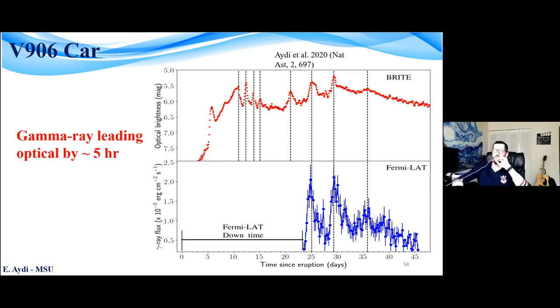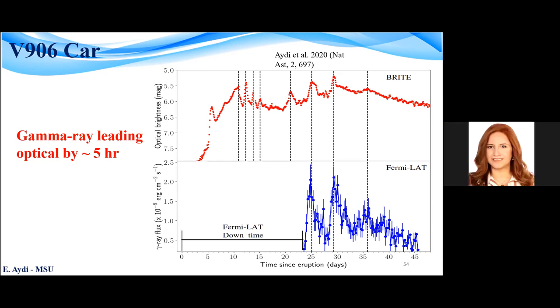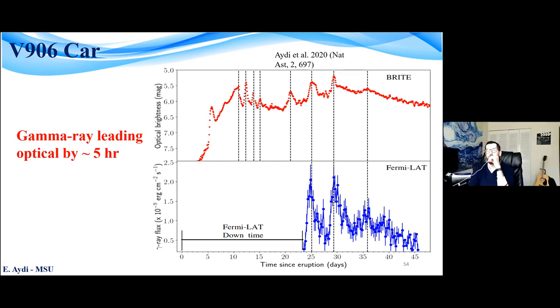Thank you for the question. Yeah, I have this slide just after my summary slide because I was waiting for this question. Although we had two of the best sampled gamma ray and optical light curves we have for novae, still we couldn't measure a proper delay with uncertainty over 2 sigma.